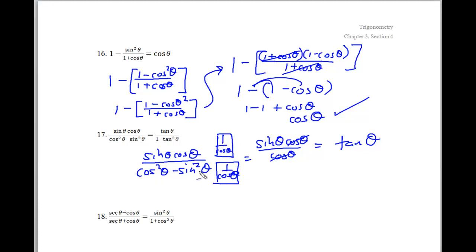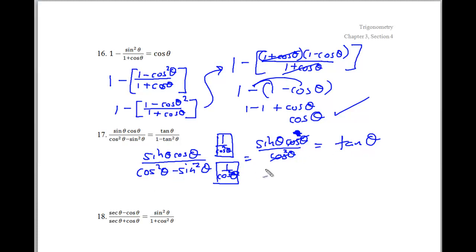So this gets distributed all across the bottom here, and this is going to be, hold on a second here. Oh, you know what? This should have been cosine squared. This is me making a little mistake here. This should have been cosine squared, because if I have all the cosines cancel out, I would only have sine left on top. So if I use 1 over cosine squared, only one of the cosines goes away, and now I'm left with sine over cosine, which is tangent.